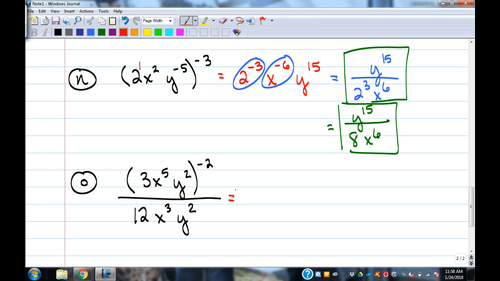So what's on top? 3 to the negative 2, x to the negative 10, y to the negative 4. Is there anything to do on the bottom? No, not at the moment. We're going to get there. All right. Now, there's some more exponent work to do, right? Because we got the same bases here. The 3 to the negative 2 and the 12, they're not the same base. So we're going to work with that later. But these are the same base. So we can do what with those? Subtract. Yes, ma'am.